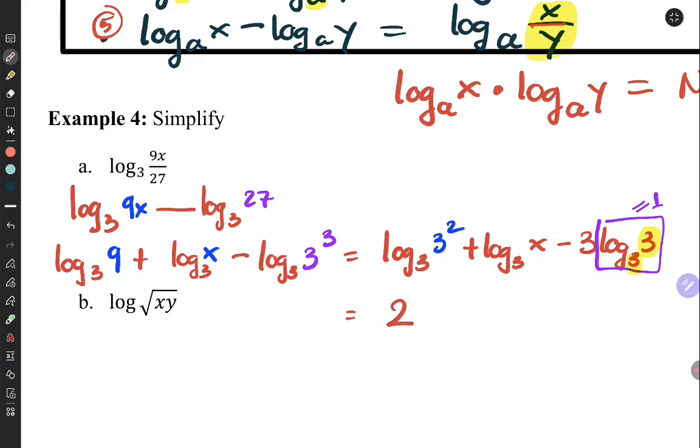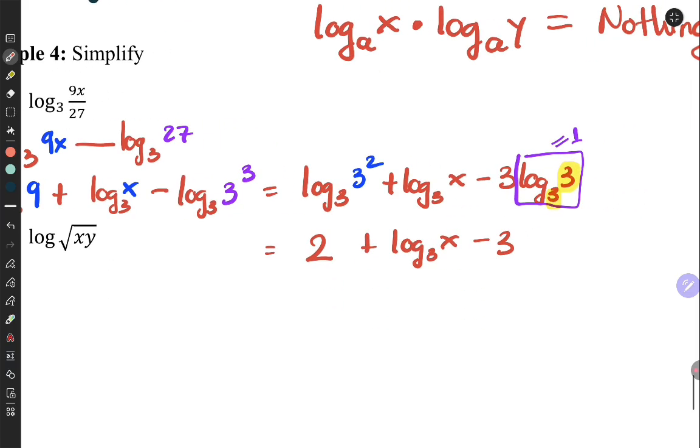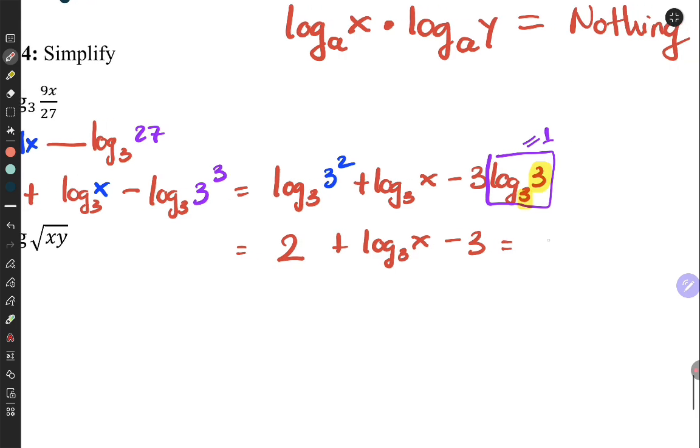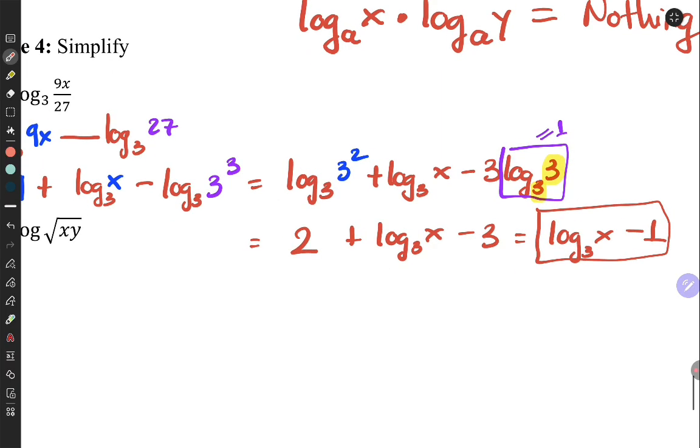Log base 3 of 3 equals 1. All right. Combine those two numbers. There. So that is the math, that is the operation we can do with logarithm.